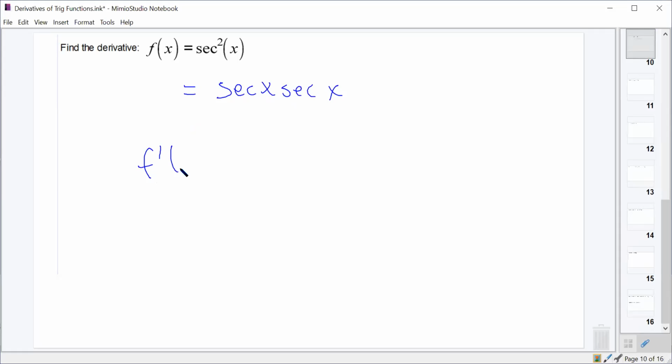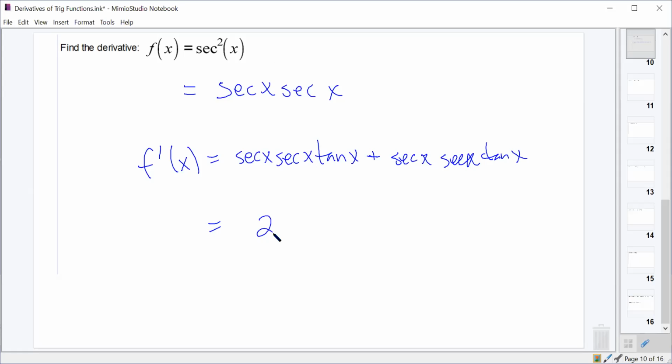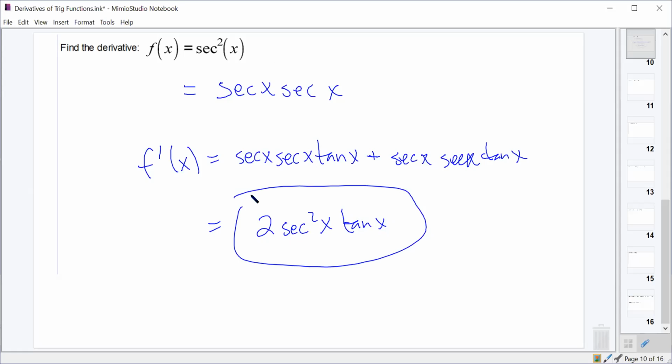Then the derivative ought to be, well, first one, secant, times the derivative of secant, which is secant tangent, plus the other secant times the derivative of the other secant, which is also secant x tangent x, which gives us 2 secant squared x tangent x. Good or no?